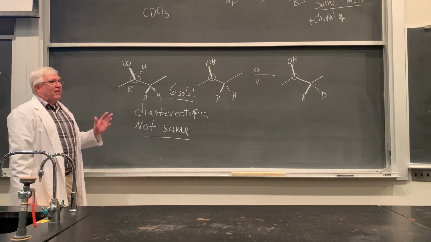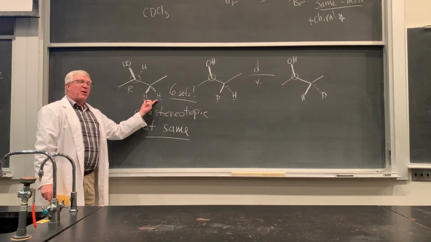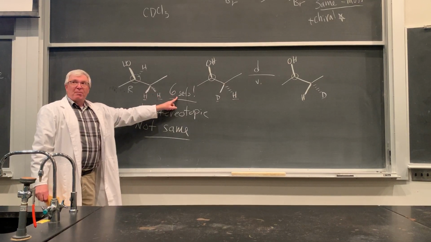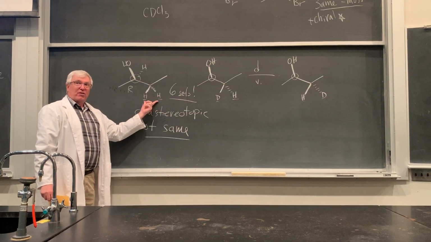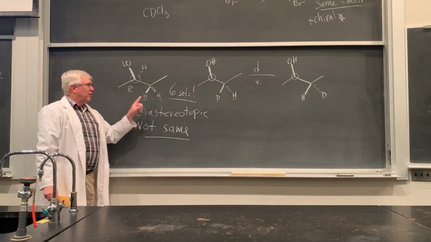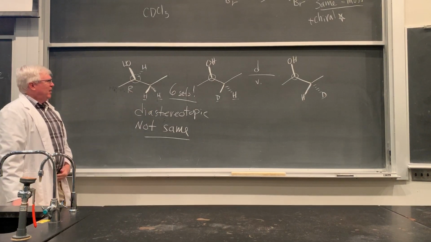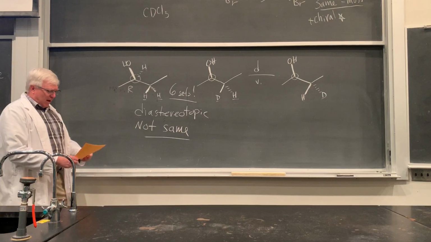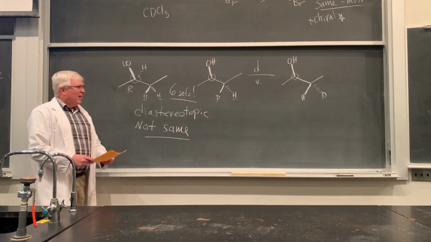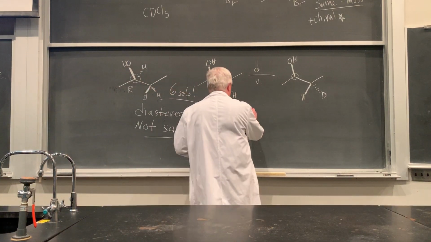Now, if you have a lower resolution instrument, a lot of times the frequencies will be the same for these, but oftentimes it'll be more complicated. You'll see multiplets for these two things here, okay? So we'll see some examples of that where it makes it a little more complicated, the topicity-wise. Now, let's revisit this molecule.